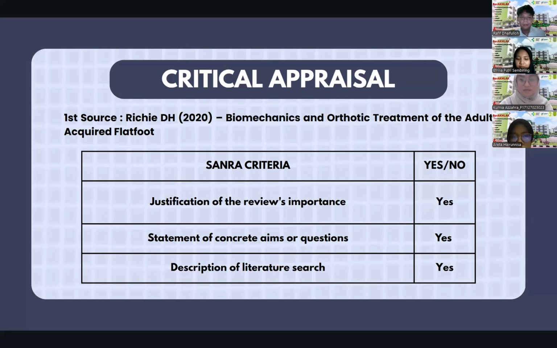The second, clear aim or question, is yes because the review clearly focuses on explaining the biomechanics, anatomy, and clinical aspects of AAF, even though no formal research question is stated. The third, description of the literature search, is yes, because the author includes many relevant studies and references, though no specific search method is described.